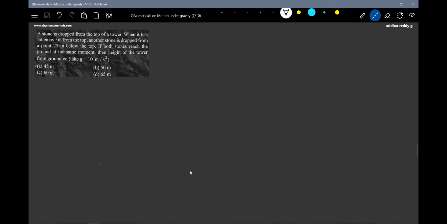Just have some rough analysis, that will be more than sufficient. The first stone, I'm going to drop it at t equal to 0.